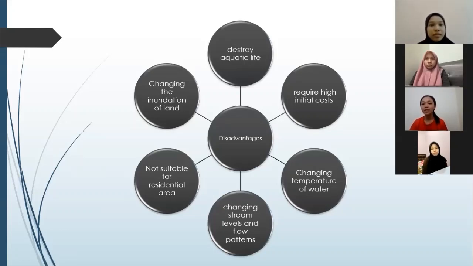The next one is that the construction of a dam is not suitable for residential areas. It forces people who live in the area to move to other areas to live in. That's all for me.